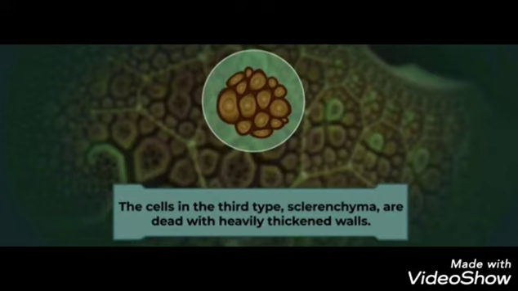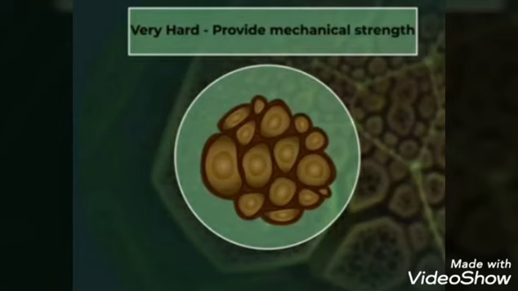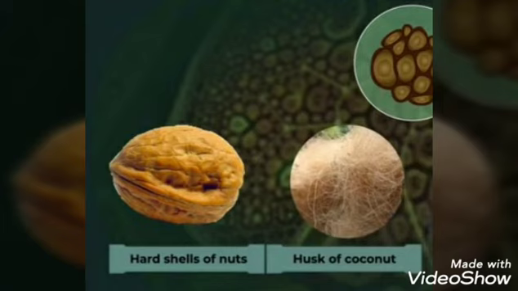The cell wall undergoes so much thickening that their protoplasm gets crushed at maturity. Their main function is to provide mechanical strength to the plant. These are found in hard parts of the plant, such as hard shell of nuts and husk of coconuts.